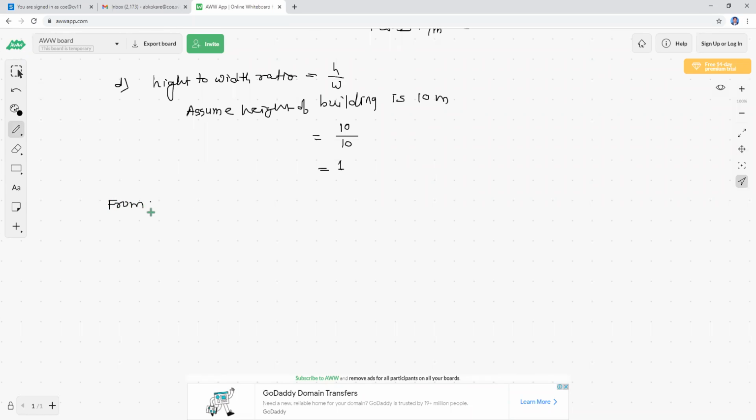From page number 16, IS 875 part 3, 1987.